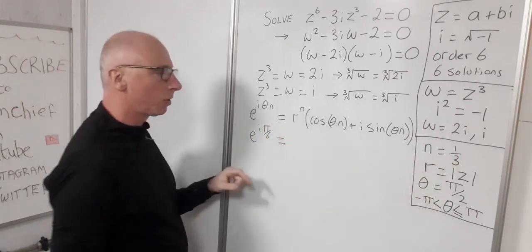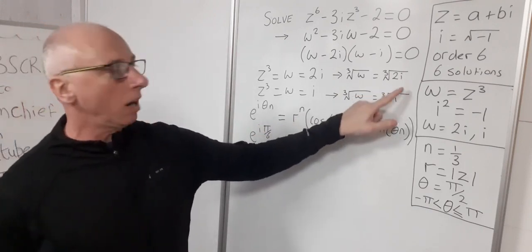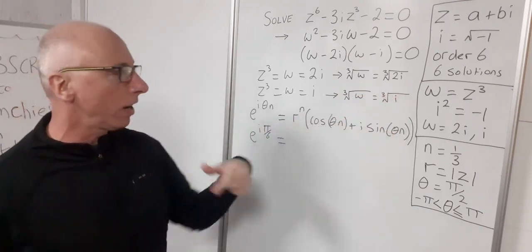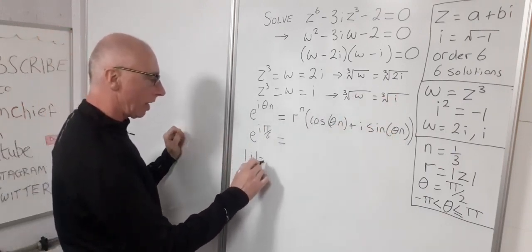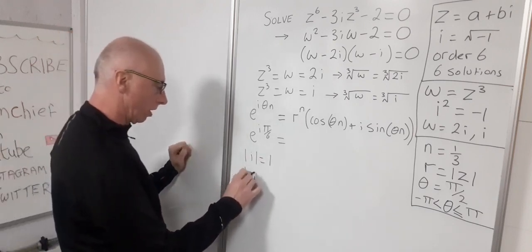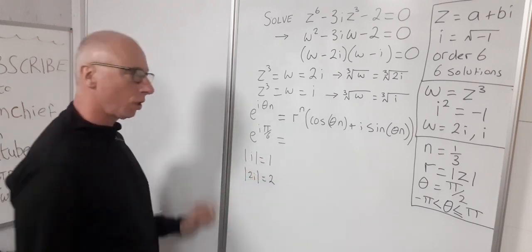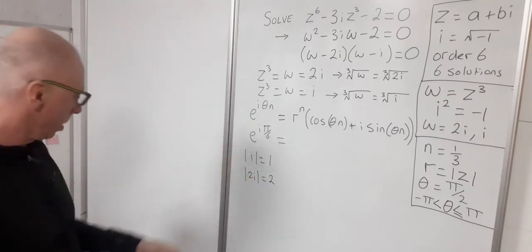Then that equals r to the power of n. Well, r is i. The modulus of i is just 1, and the modulus of 2i will give me 2. So that's my corresponding modulus for both values.